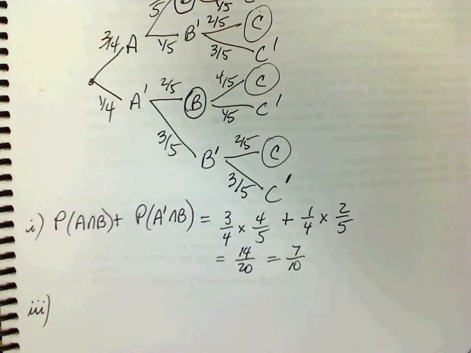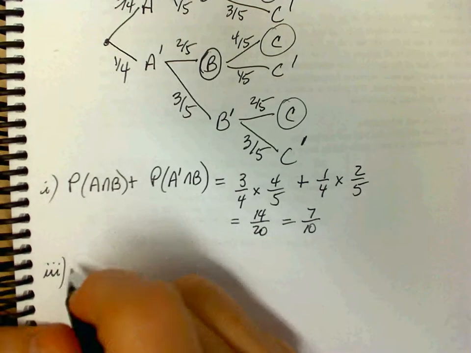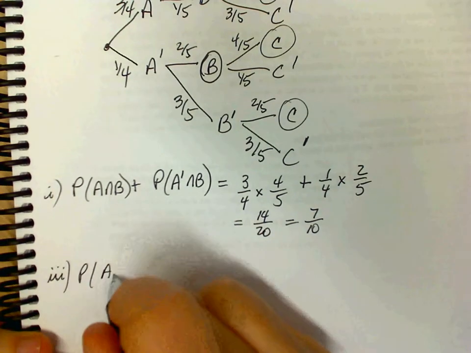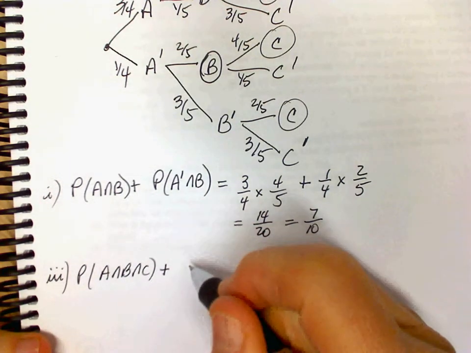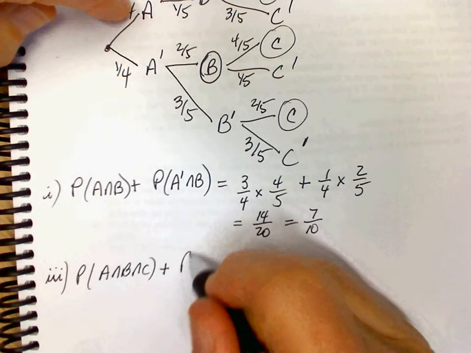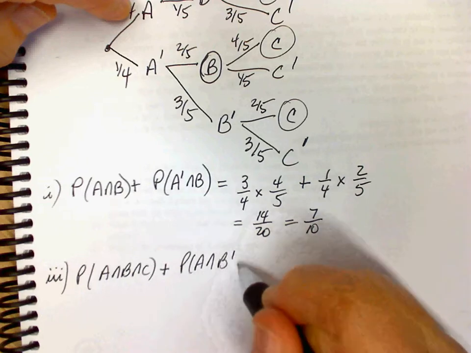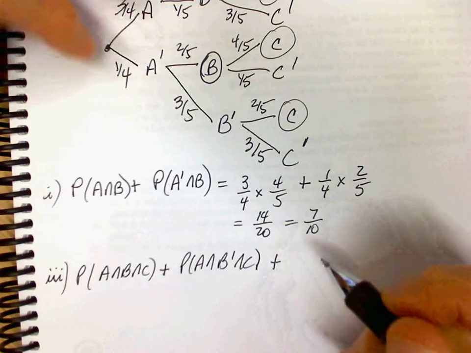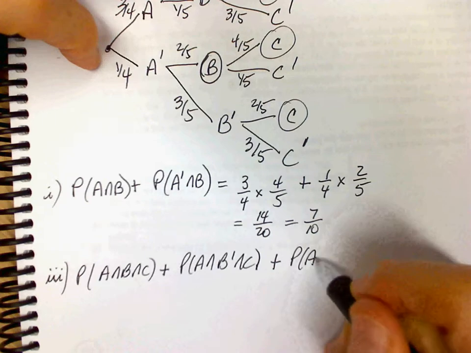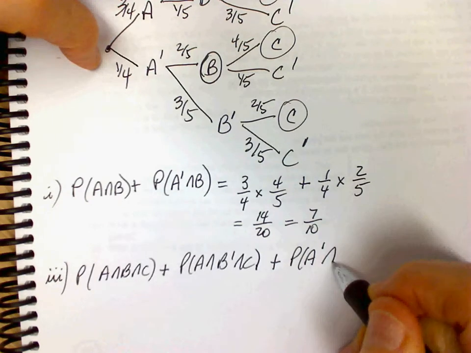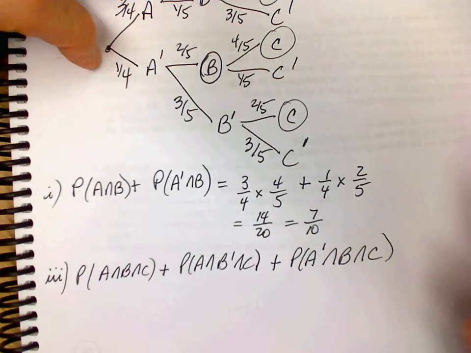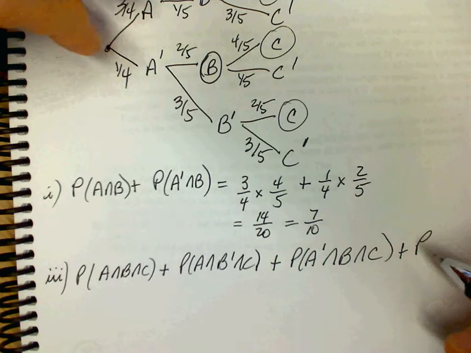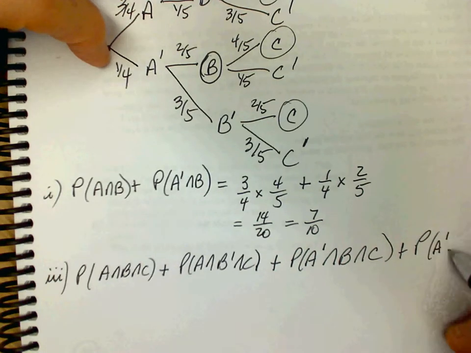So we really want the probability of A intersection B intersection C, plus the probability of A intersection B not intersection C, plus the probability of A not intersection B intersection C, right, A not B C, plus the probability of A not intersection B not intersection C.